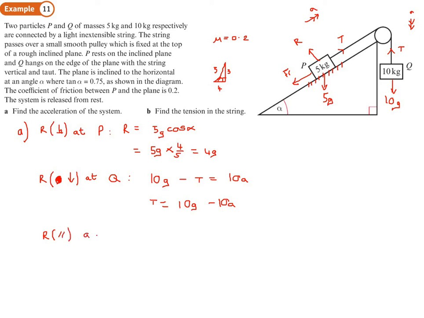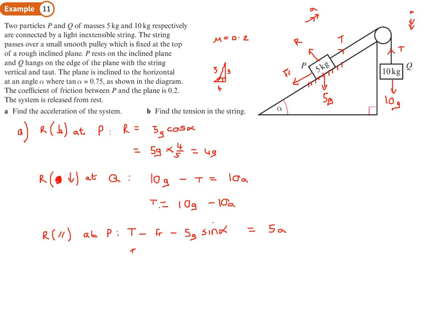Okay, and then if I resolve parallel at P, then I've got, following the motion of the particle, T minus my friction, and don't forget about the weight, minus 5g. You can add in your angle if it helps you, sine alpha, and then again using F equals ma equals 5a.